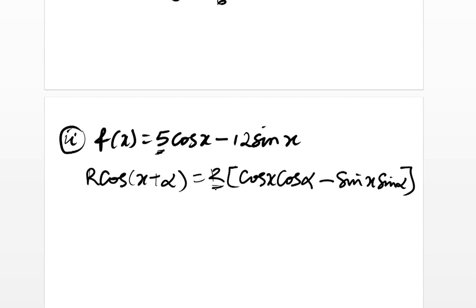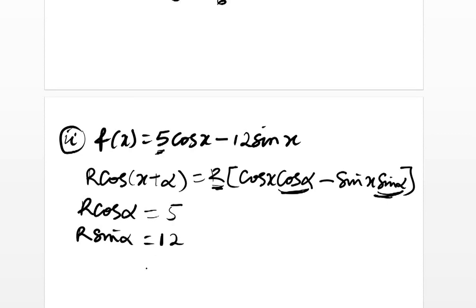If you expand this well, the coefficient of cos x is r cos alpha, so r cos alpha is 5. And for sine x, there is sine alpha and an r, so r sine alpha is 12.